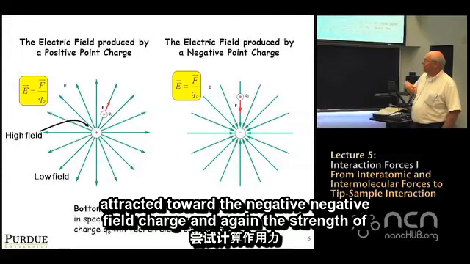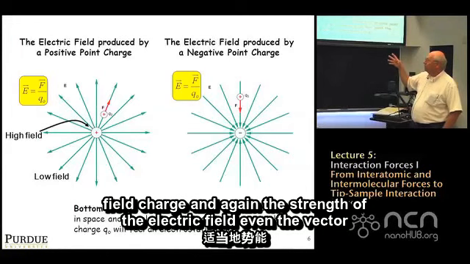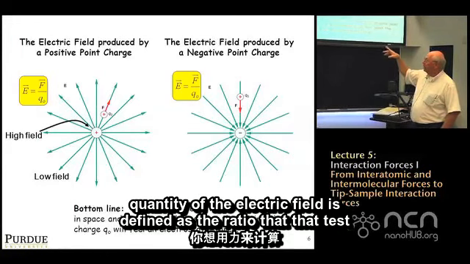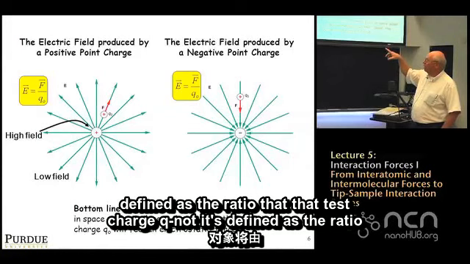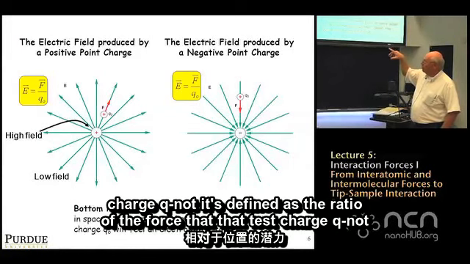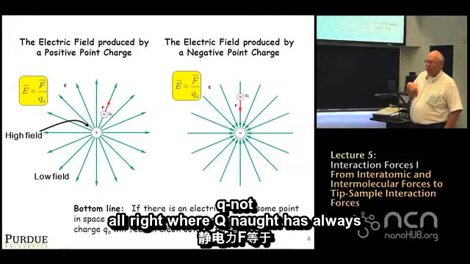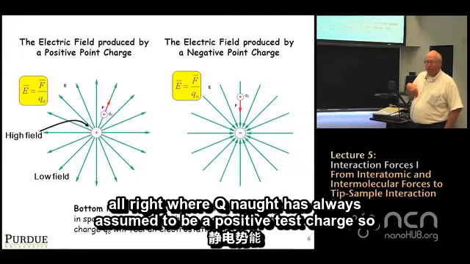Again, the electric field, a vector quantity, is defined as the ratio of the force that test charge Q naught feels divided by the size of Q naught, where Q naught is always assumed to be a positive test charge.